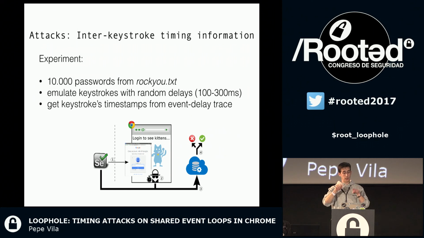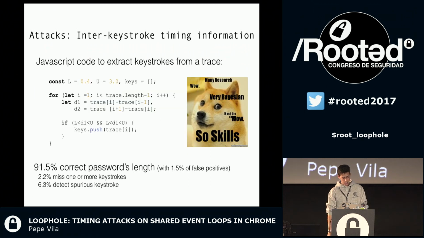The web page can spy on it, and I introduced keystrokes with a delay between keys of between 100 and 300 milliseconds. On the one hand, I got the timestamps from Selenium, and then I also got the timestamps that I identify with my super elaborate technique of machine learning to recognize patterns of keystrokes.